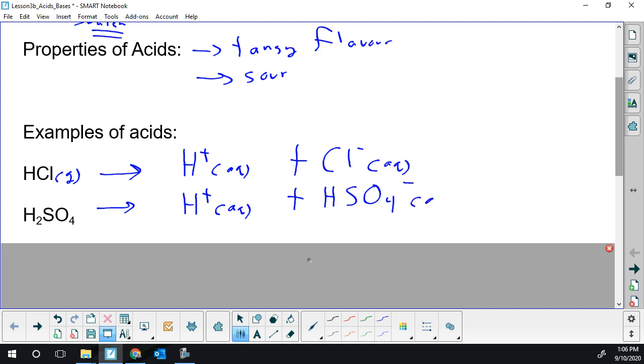That has a minus charge, and that's surrounded by water. Now, because we're getting ions, we have electrolytes. A chemical you put in water that makes an acidic solution would get the conductivity light turning on.